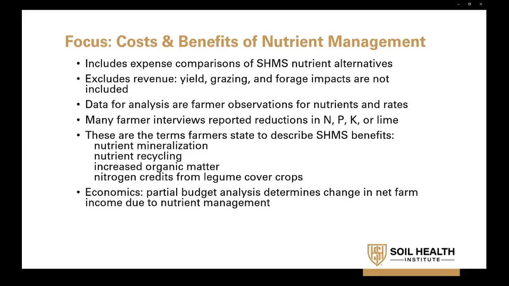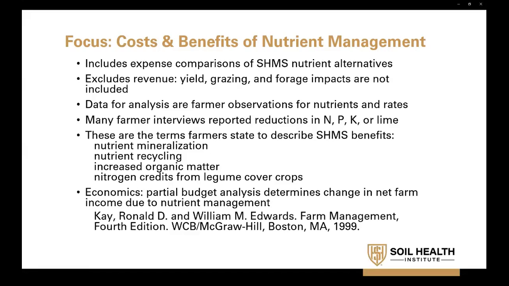And the economics is done with partial budget analysis, which determines the change in net farm income due to nutrient management. Without going into details of how this was done, I will present one reference that has all the information required to understand how we went about the analysis.